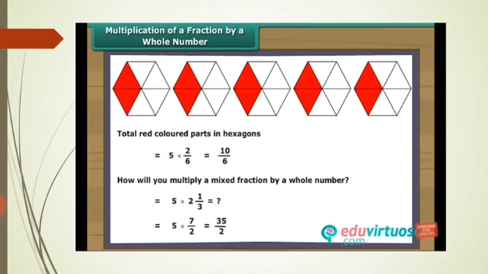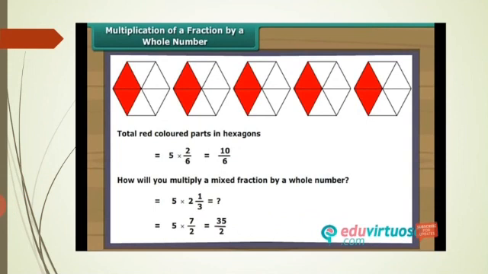How will you multiply a mixed fraction by a whole number? Listen children, first I taught the colored parts: how many parts we have shaded, and how many hexagons there are. In the second subdivision, a whole number and a mixed fraction are given. So 5 into 2 1 by 3. 2 1 by 3 represents a mixed fraction.